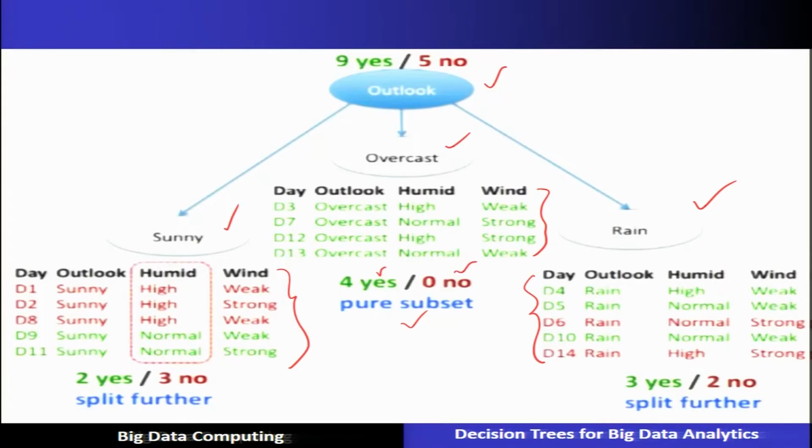When the outlook is sunny, this subset has 3 no's and 2 yes. So this kind of subset is called an impure subset.